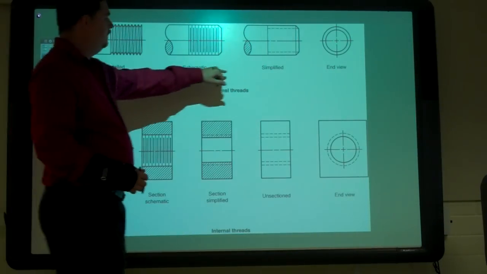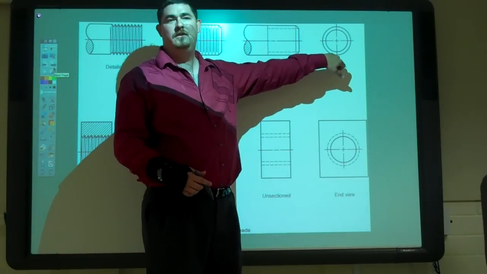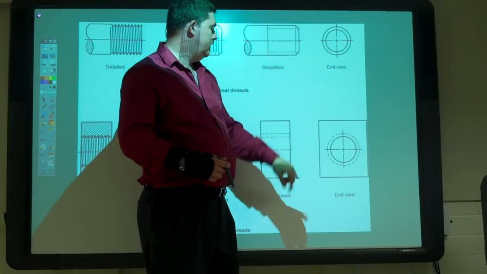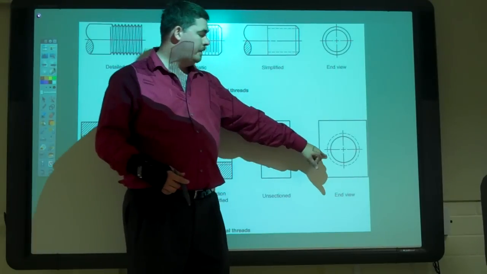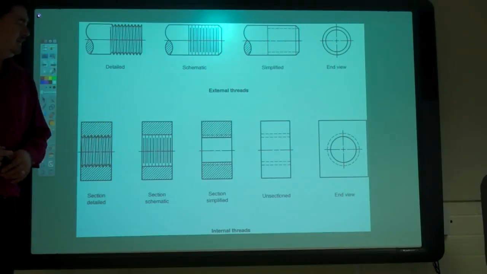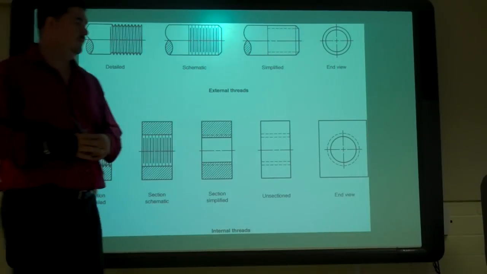So if we're looking at it from the end view of a male thread, it's just two circles, right, because you have the circle for the minor diameter, the circle for the major diameter. If we're looking at a hole, why do we show the minor diameter as solid and the major diameter as hidden? Minor is what you see. Because the major didn't. Yep.